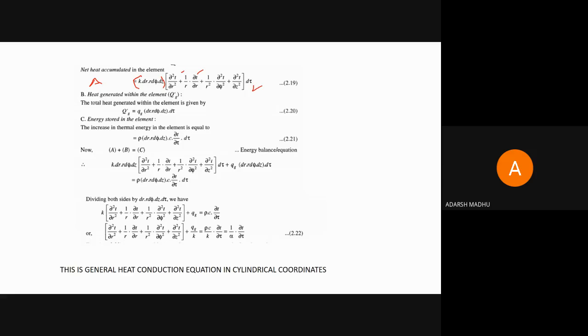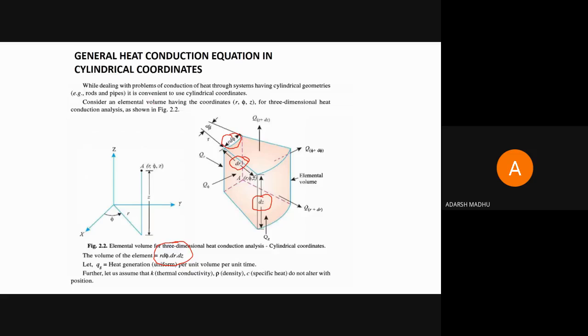So the next part is B, that is heat generated within the element, Q dash of g. As in the previous derivation, we take Q dash of g equal to small qg into the volume into d tau. For Cartesian coordinates the volume was dx dy dz.